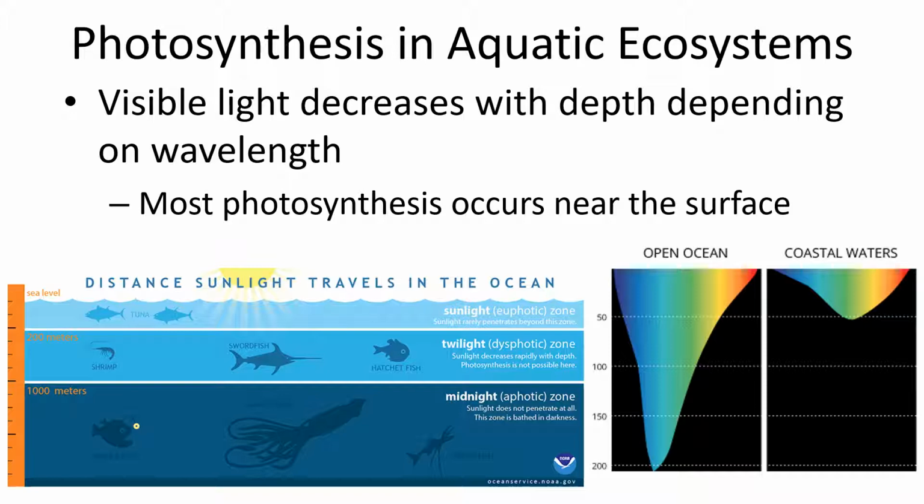Further down in the sunlight zone, where light is still penetrating, you will get some photosynthesis, but the organisms there will be adapted to not having the spectrum that terrestrial organisms have. But beyond 200 meters, there's really no photosynthesis happening.